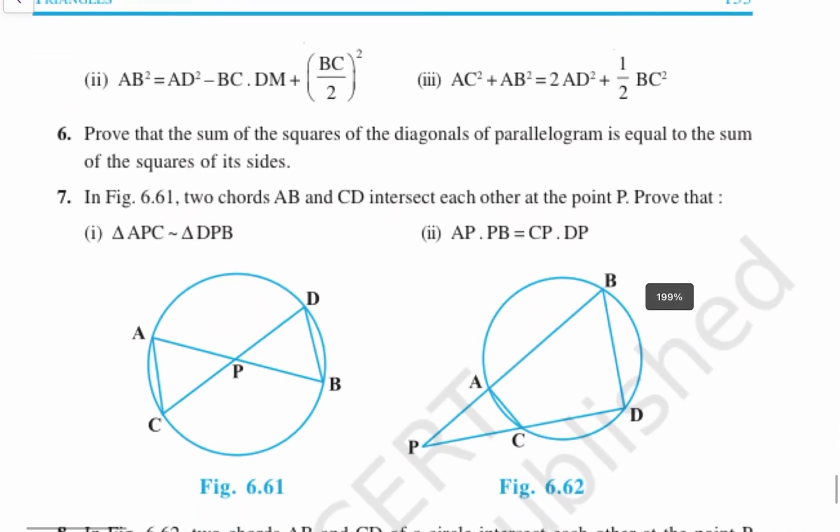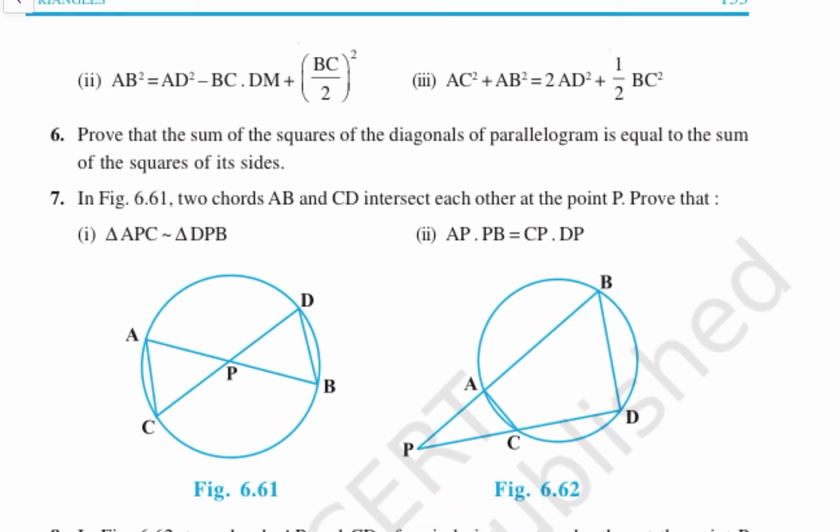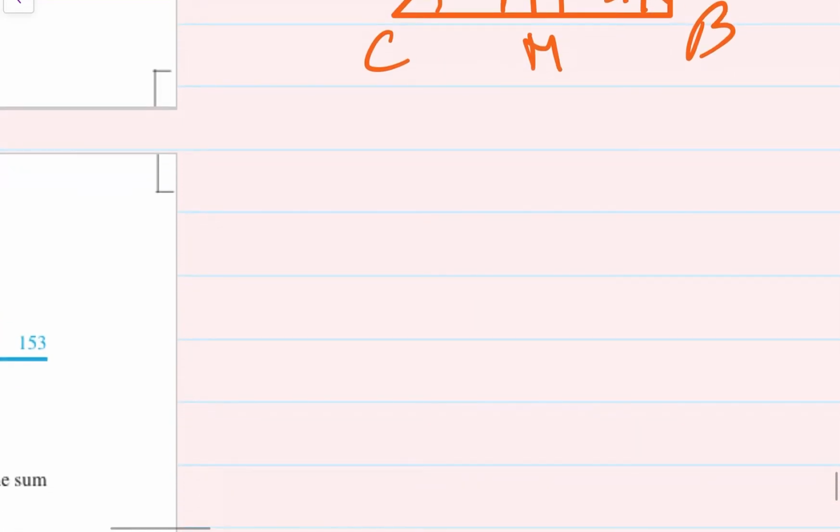Prove that the sum of the squares of the diagonals of a parallelogram is equal to the sum of the squares of its sides. So let us see that question. Example 6.